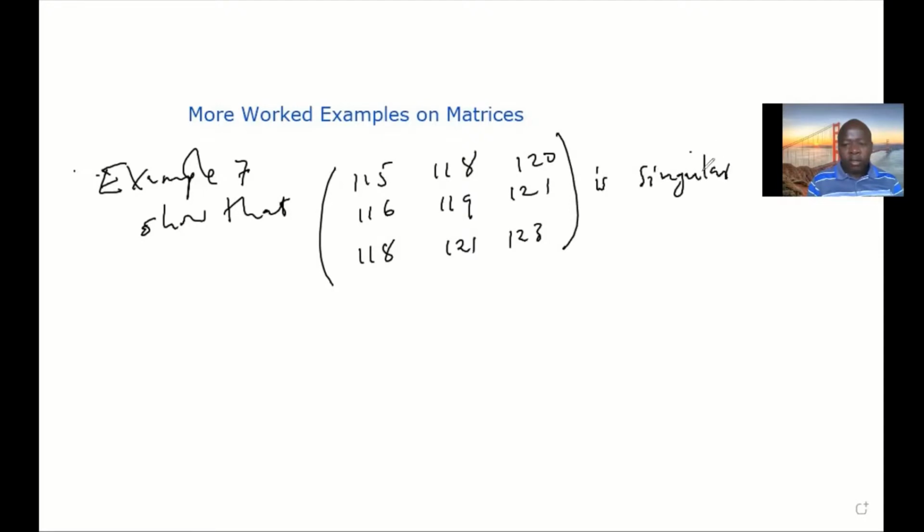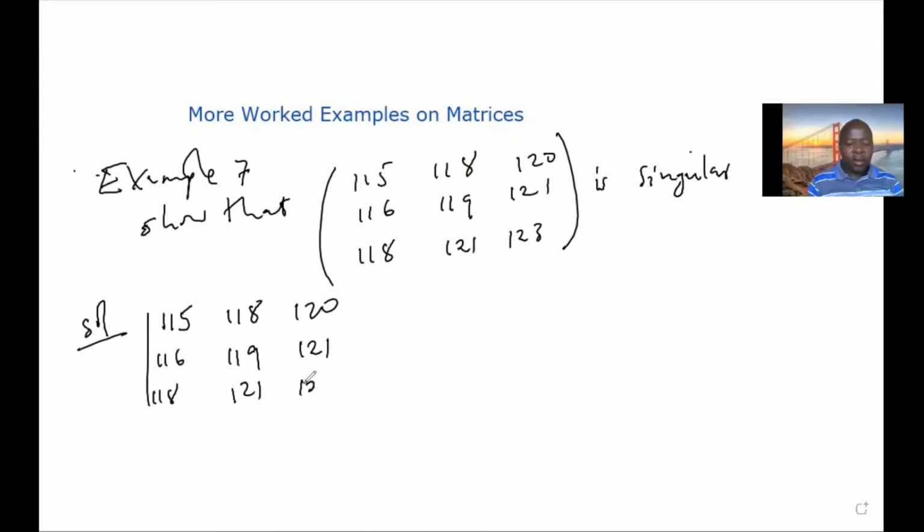That means show that its determinant is 0. Let's see the workings. Let's find the determinant of this matrix. You can use any method that you know to find the determinant of this matrix.